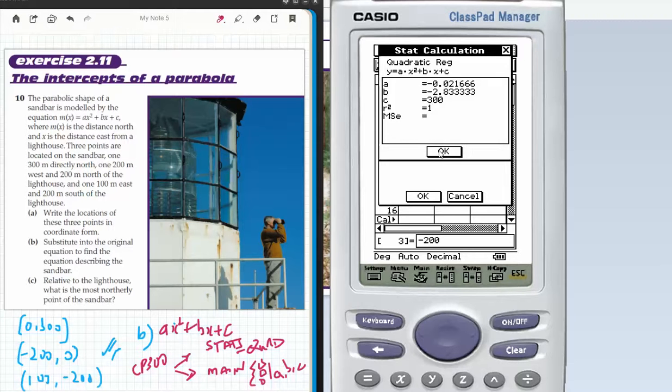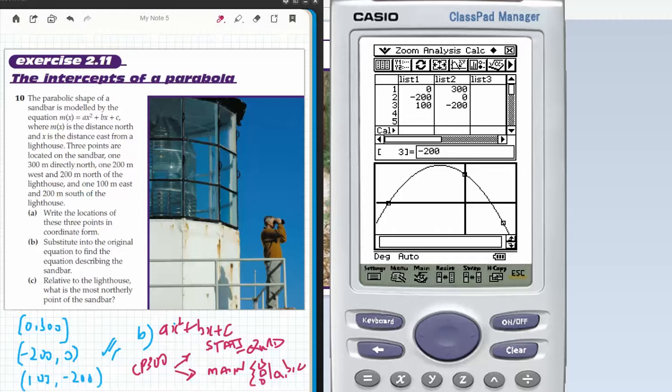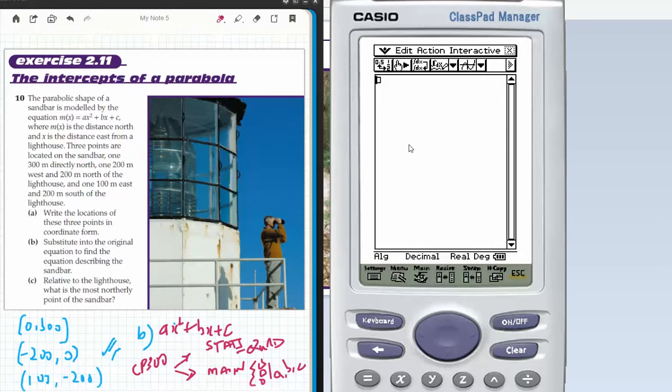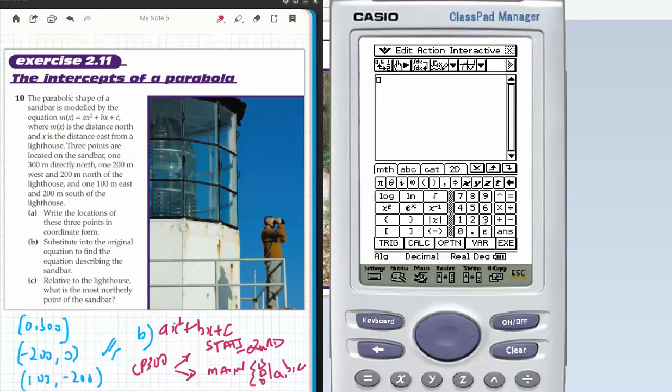So I can go into Main, and since I see these are either 1/3 or 2/3, because of the recurring 6 and the recurring 3, I can put in negative 0.02166, and that wasn't enough 6s, so I'll go back up and put a few more 6s.